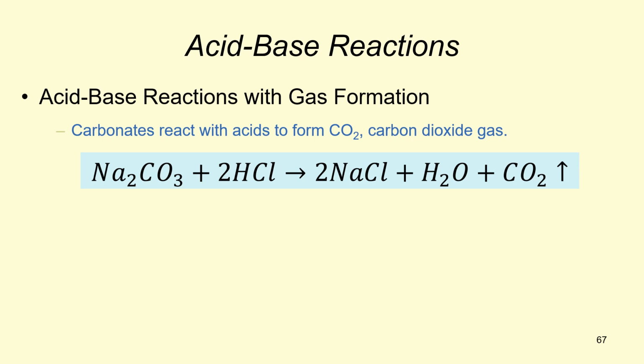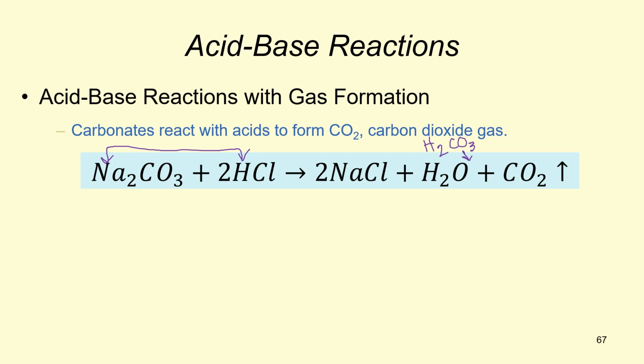Carbonate is a CO3, so sodium carbonate and hydrochloric acid. Now what's happening is actually we're still swapping partners here, and we end up with the Na and the Cl, and then actually H2CO3. But H2CO3, which is carbonic acid, is not stable in the water, and so it'll break apart into H2O and CO2.